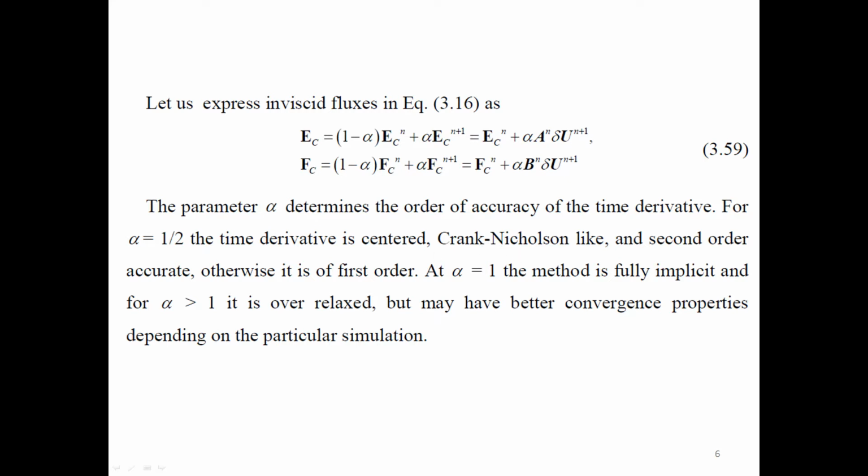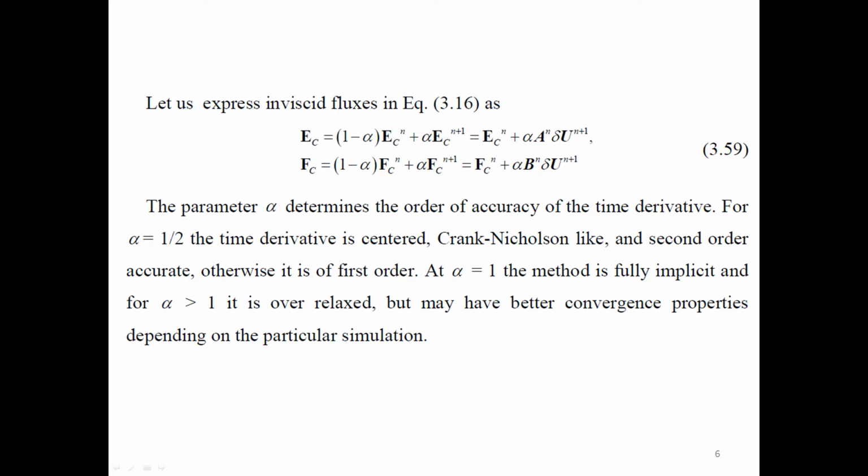The parameter alpha determines the order of accuracy of the time derivative. For alpha equaling 1/2, the time derivative is centered, Crank-Nicolson-like, and second order accurate. Otherwise, it is of first order.